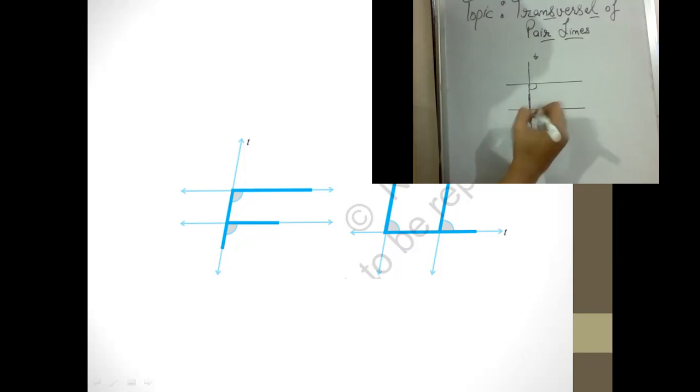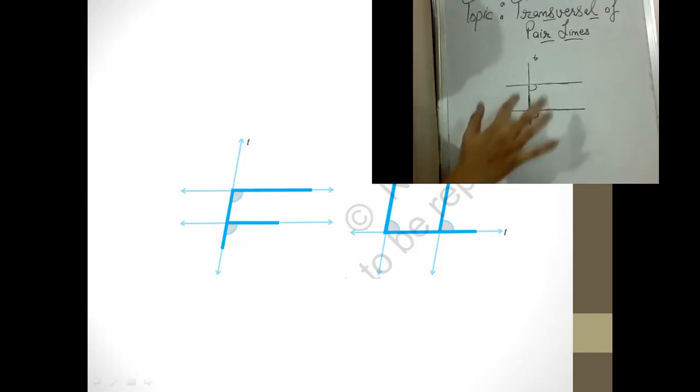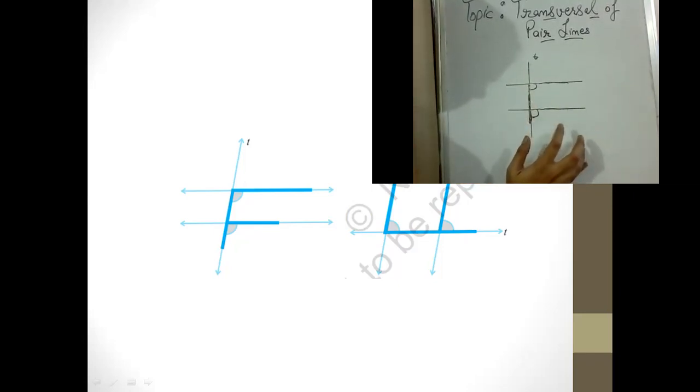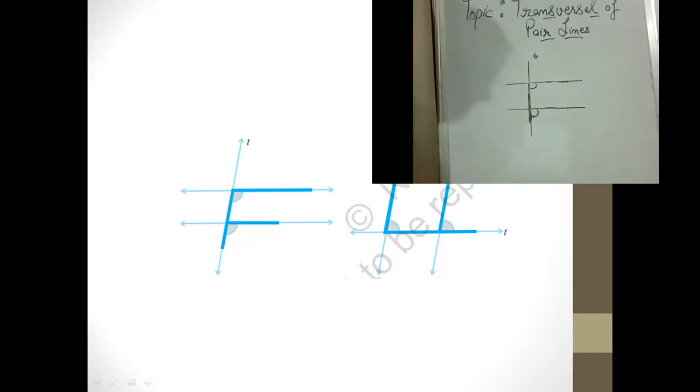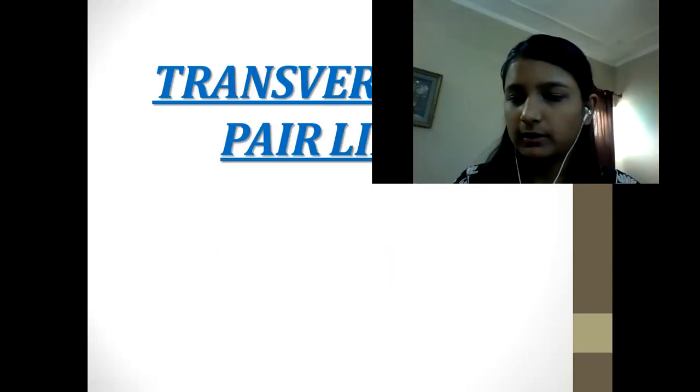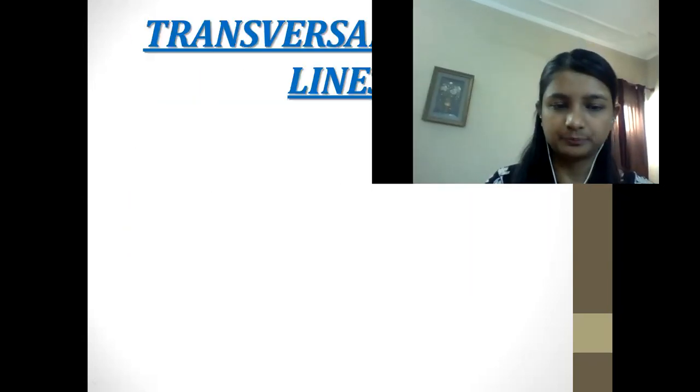Let me draw here. Here you can see that we have highlighted these. These are making an F alphabet, which says that these two pairs of lines are cut by T, which is making a transversal angle. In the second picture also, they are doing the same. So these are the transversal angles made from the pair of lines.